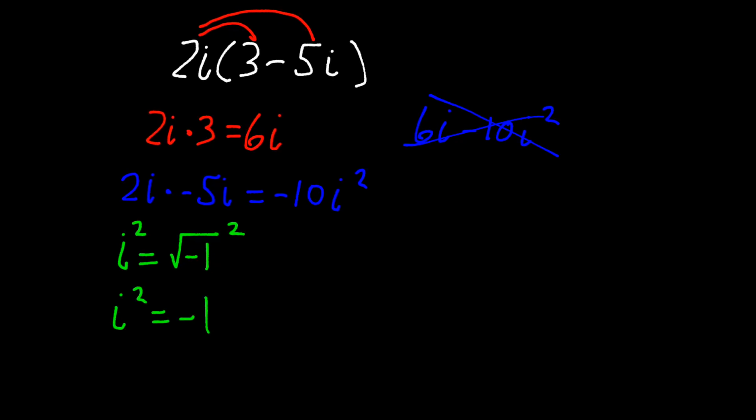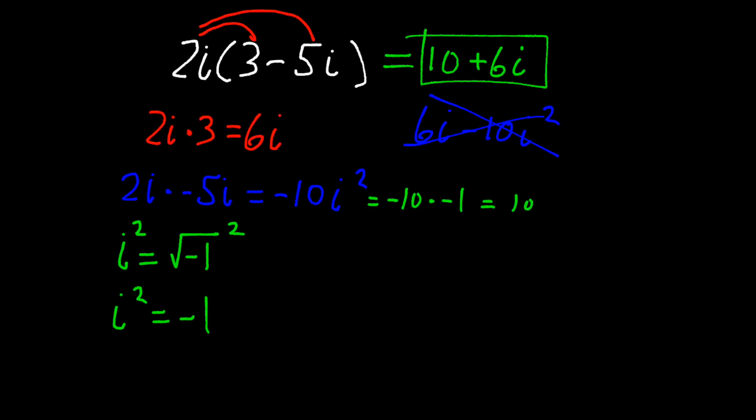So negative 10i squared is really negative 10 times negative 1, which is a positive 10. So our true product would be 10 plus 6i. And there we have successfully multiplied these complex numbers.